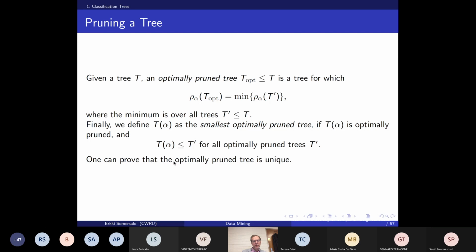So I should say the smallest optimally pruned tree is unique. There's one word missing here, namely this smallest. So there is always a smallest optimally pruned tree. This is something that I'm not going to prove here, but if you're interested, you can look at books of graph theory and in particular tree graphs, and the proof is there.